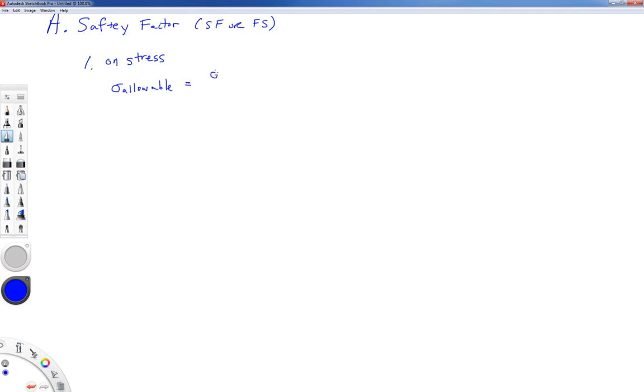That will be that failure stress level. It could be ultimate strength or it could be yield strength, what have you. But we're going to take that and we're going to divide it by some number called the safety factor, where if the structure is safe, that safety factor is going to be greater than 1.